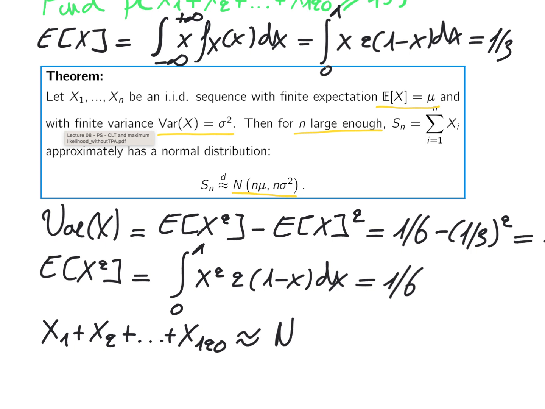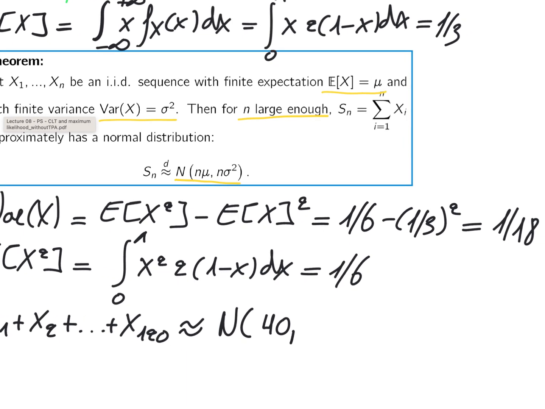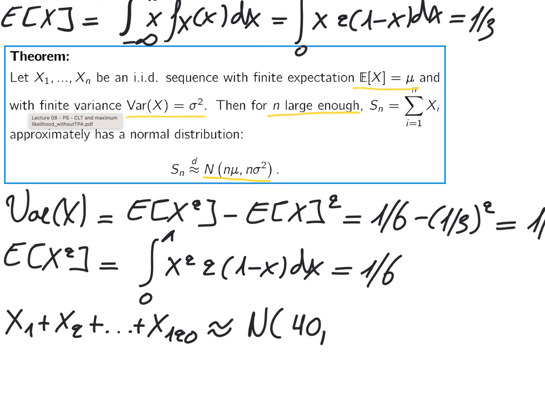And in fact, we get a normal distribution with expectation n times the expectation of x, so it means 120 times 1 over 3, which is 40, and a variance of n times the variance of x, so that means 120 times 1 over 18. 120 over 18 can be simplified and is equal to 20 over 3.